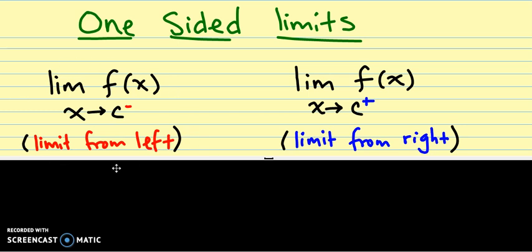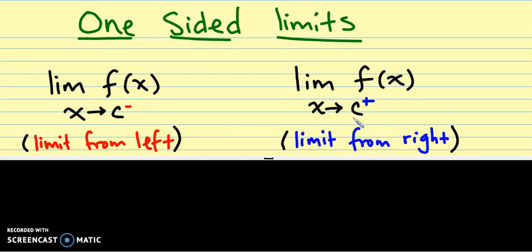This is the left side of f of x at x equals this specific c value. And the limit of f of x as x approaches c from the positive side is the limit from the right. That's the right side of f of x at this specific x equals c value.